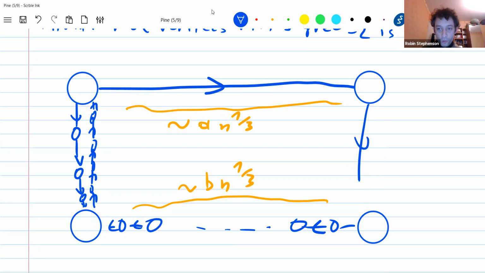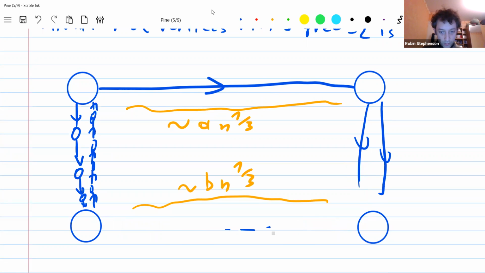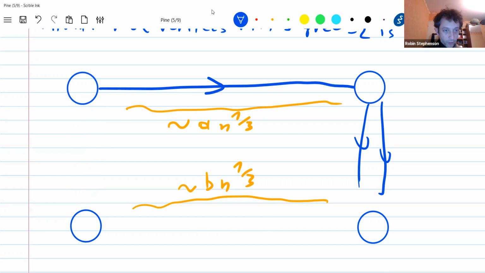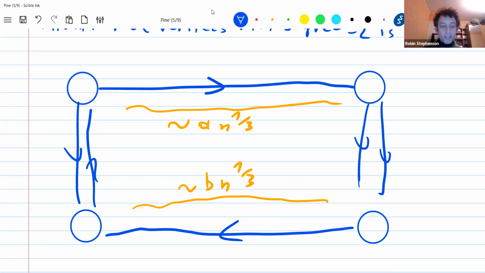So here we have 2 long edges, and I'm going to keep erasing because I want a proper look at what we get at the end. And there we go. So here we get something like that, and here we get something like that. And each of those edges has a length which is of order n to the power 1/3.